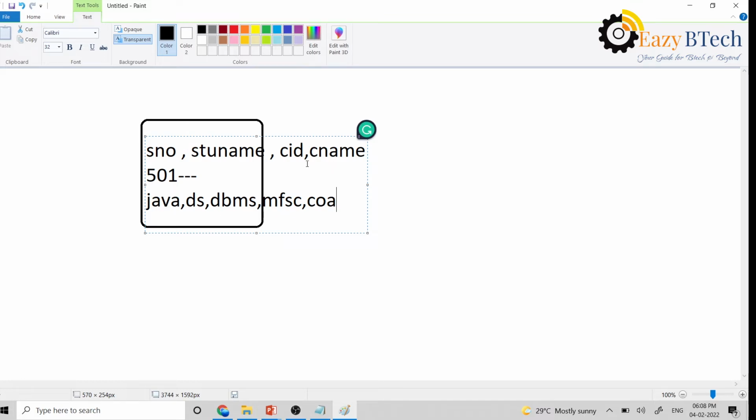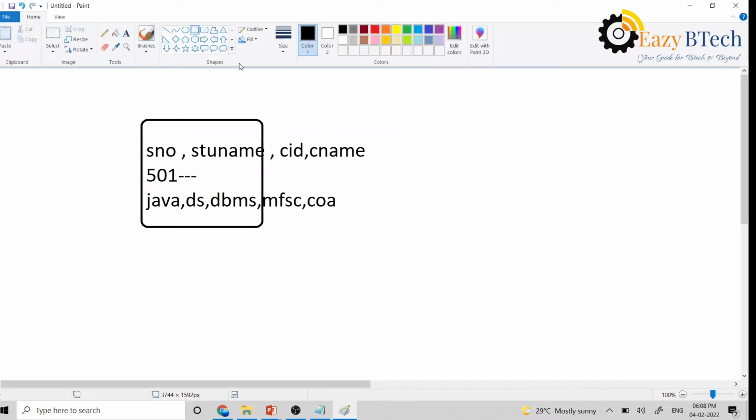Okay, course ID is also there, course name is there. Suppose you write 501, okay, 501 having Java, data structures, DBMS, MFCS, COA. Okay, like that, only one student, course name is different, course ID is different, but the student name is repeated. To overcome this problem, we split this particular table into two.